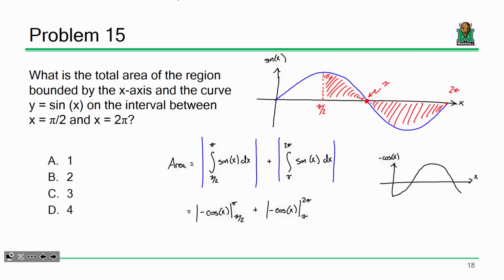Something like this, right? Do you have to break it up over those 2 points, or can you just do it all at once? No, if you do it all at once, you're going to have some cancellation here and here, because you're going to get the same value here, but they're going to be on opposite sides, and it's going to cancel, and you're only going to be getting that. Where it said total area, I'm just going to do it separately. Make sense?